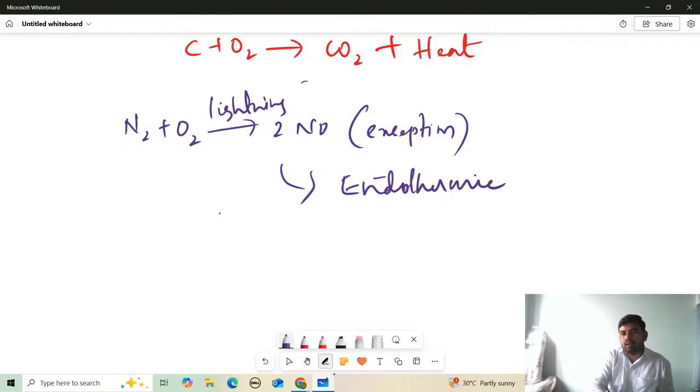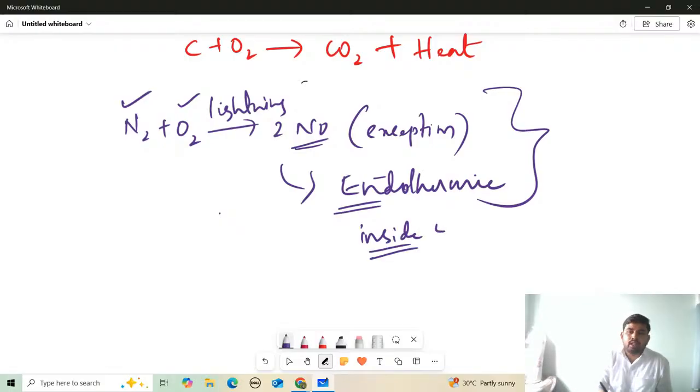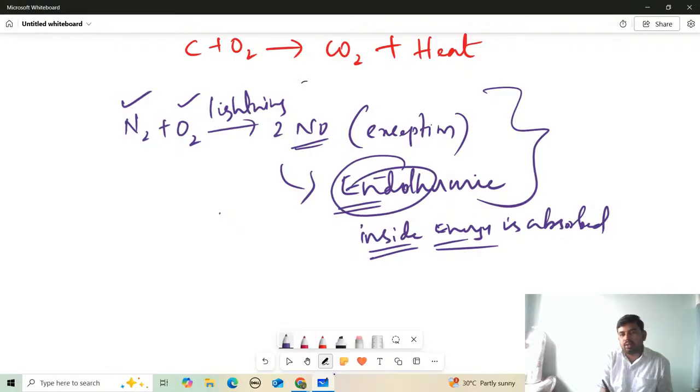In the atmosphere during thundering, nitrogen gas combines with oxygen gas to form nitrogen monoxide by absorption of energy. That's why we call it endothermic. Endo means inside, so energy is absorbed. This kind of reaction is called endothermic.